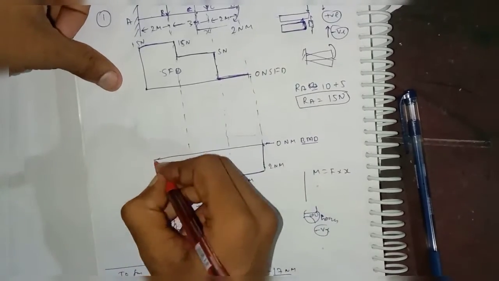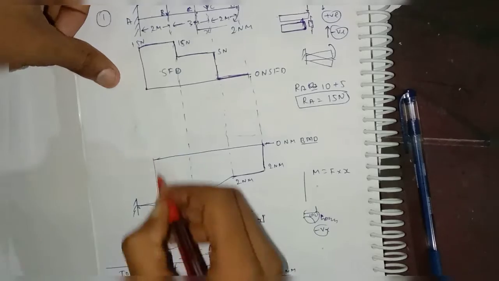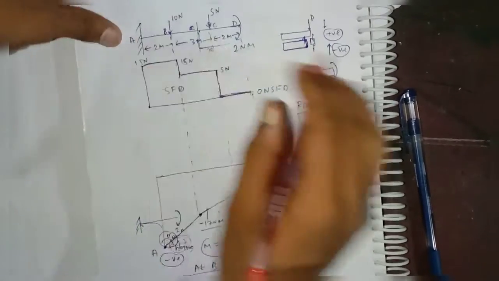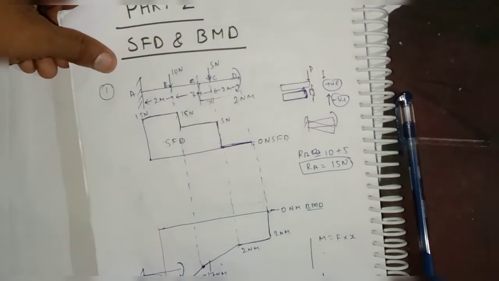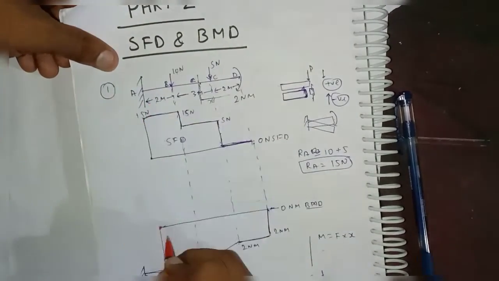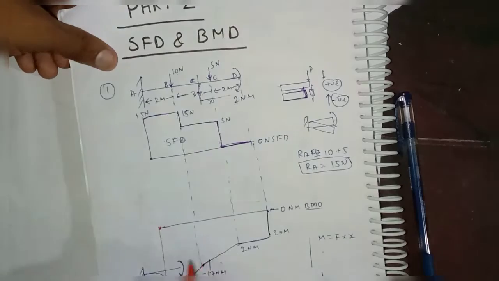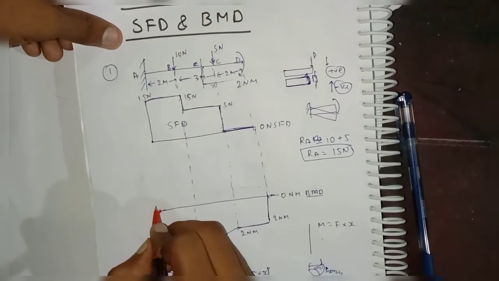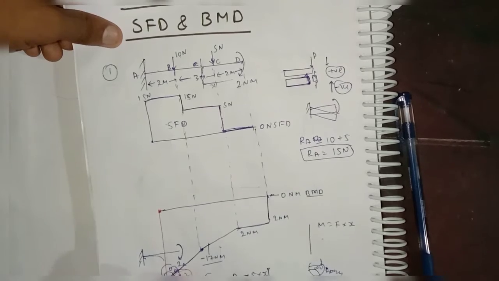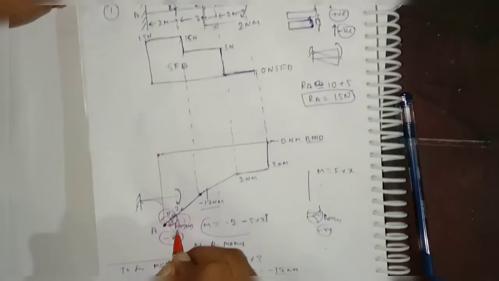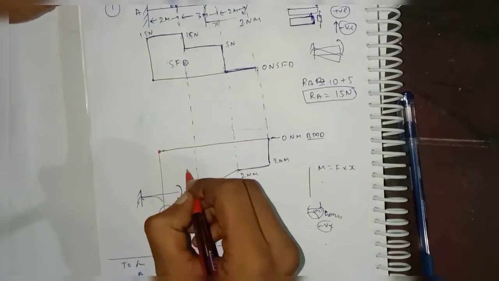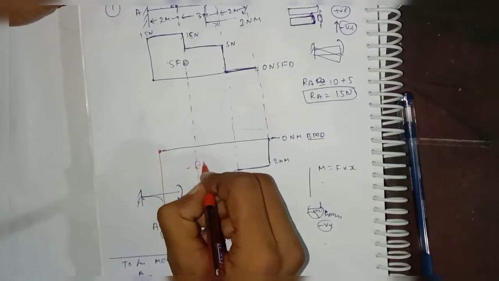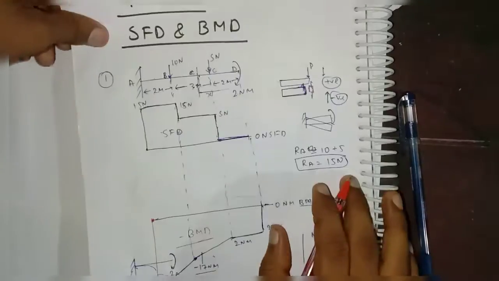To join this, this beam will create plus 47. So that's why at this point we are getting 0 bending moment, okay. So here we are getting minus 47. So this is your negative bending moment for this question, okay.